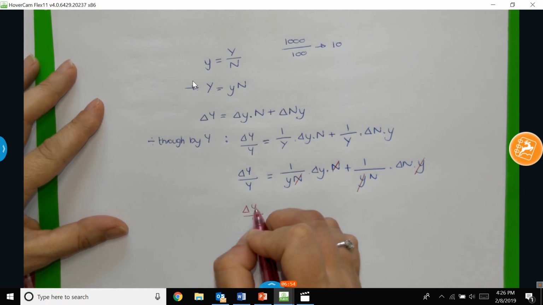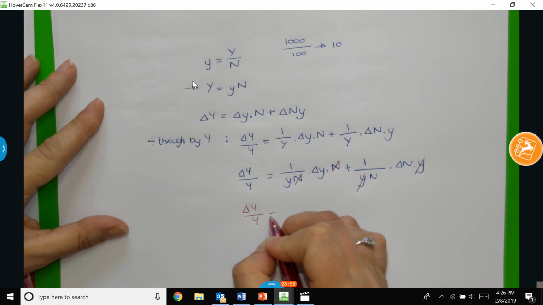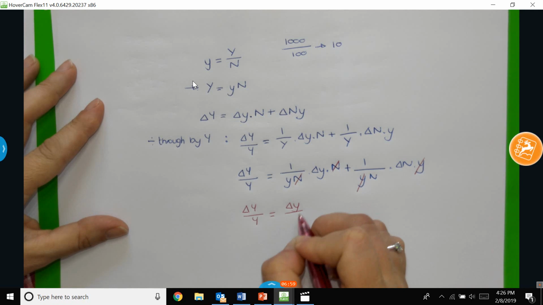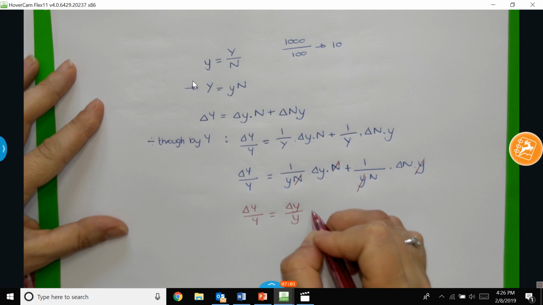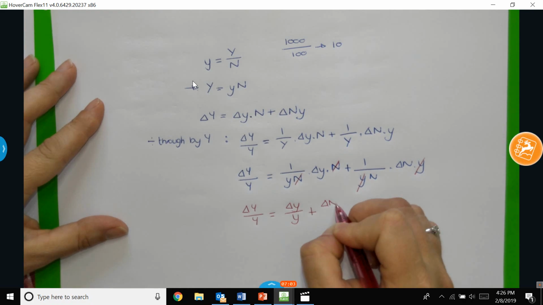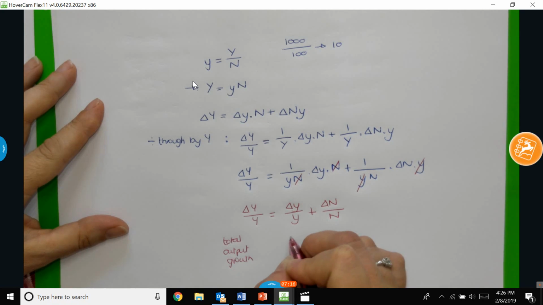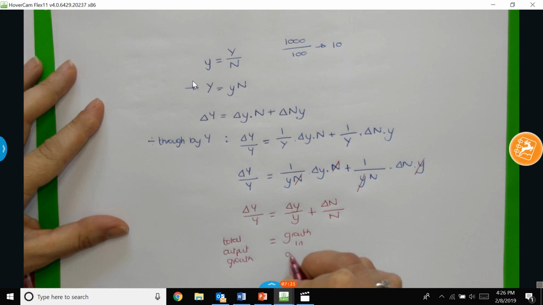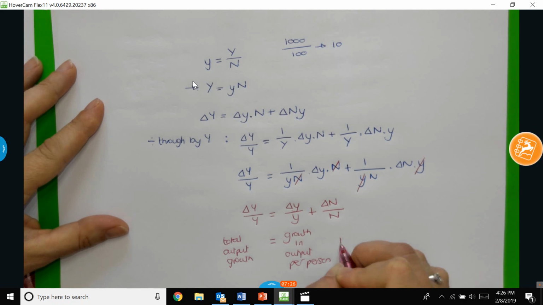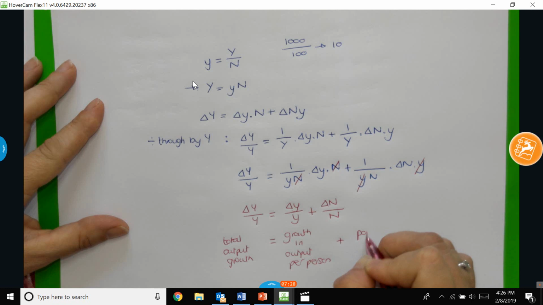So this is the change in big Y over big Y, is equal to the change in little y over y plus the change in n over n, where this is total output growth, and that's equal to the growth in output per person plus population growth.